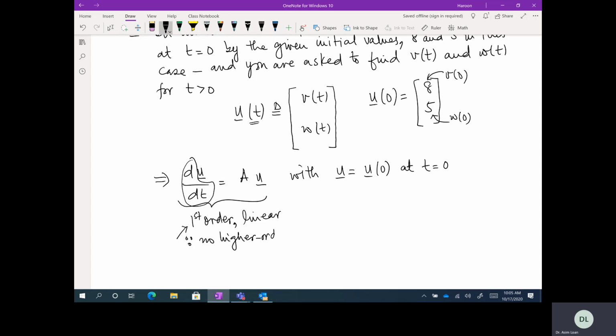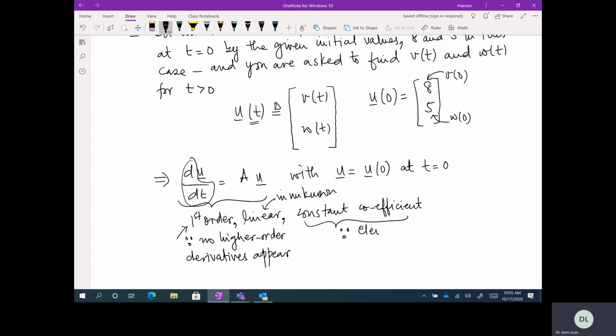It is linear in the unknowns; the unknown is U. It is constant coefficient, because the elements of A do not depend on t. Constant coefficient differential equation.